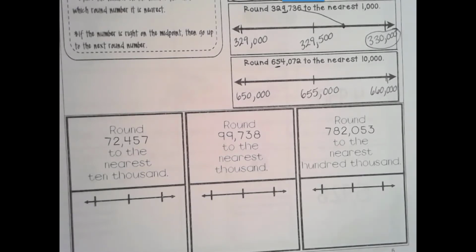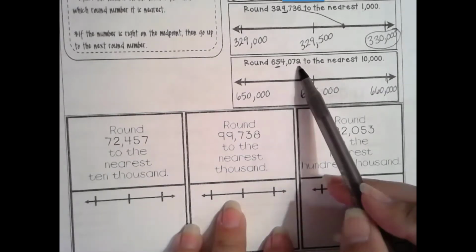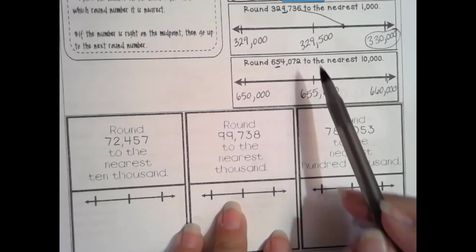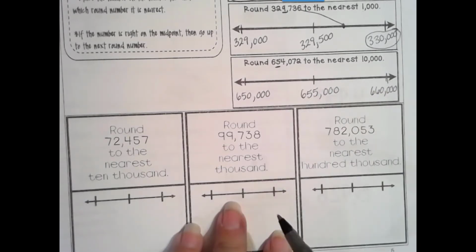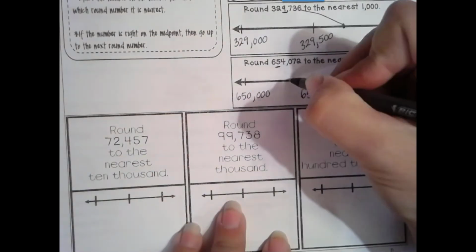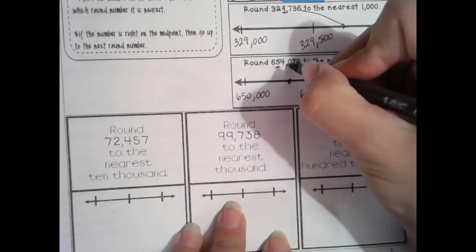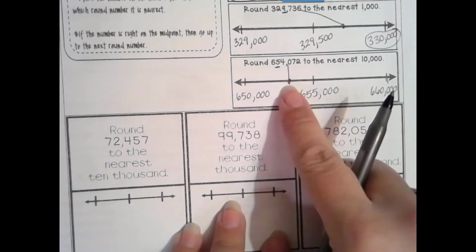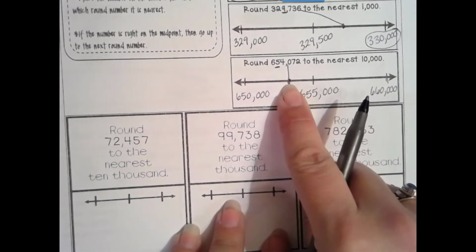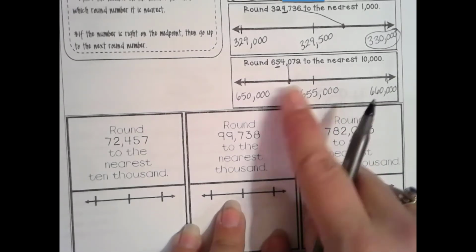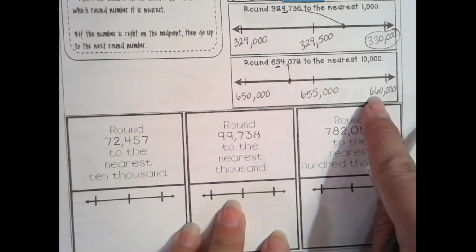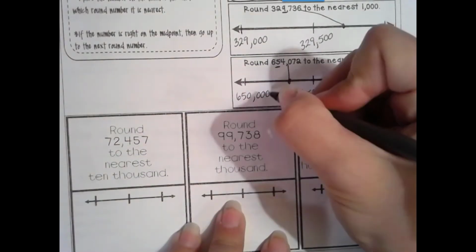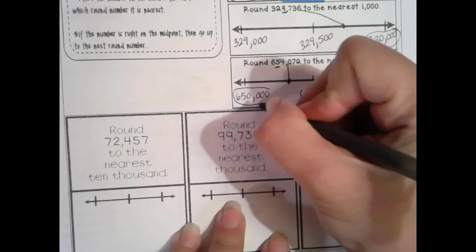So 4,072, is that going to be less than 5,000 or greater than this 5,000? Well, it's less than, so this number would be about here. And if it's about here, it's closer to 650,000 than it is to 660,000. So this is the closest 10,000.